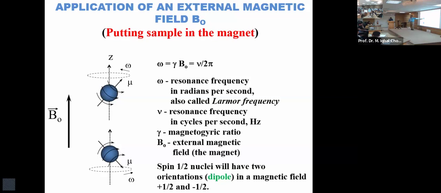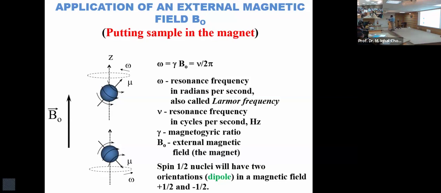The Larmor frequency, or precession frequency, is directly proportional to B naught. The stronger the B naught, the faster the Larmor frequency. Right? But B naught is not the same for every proton of a sample. Why not? Because they have different electronic environments.